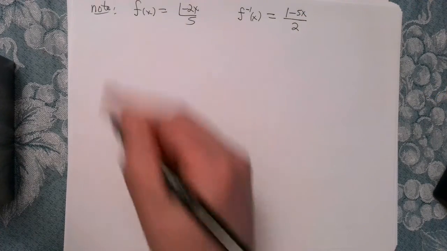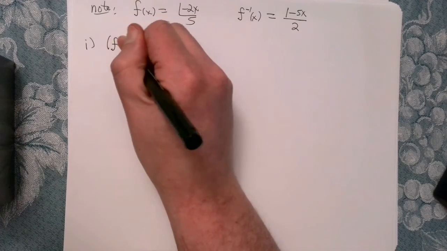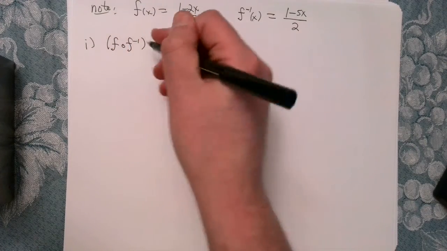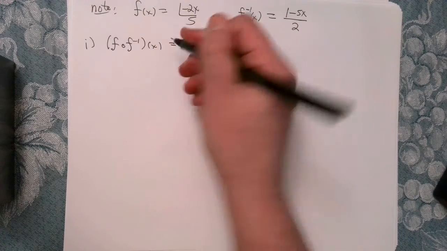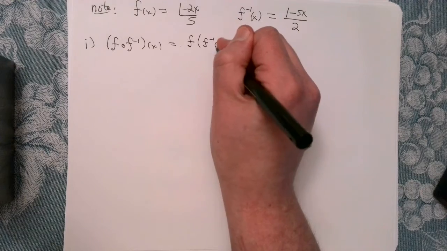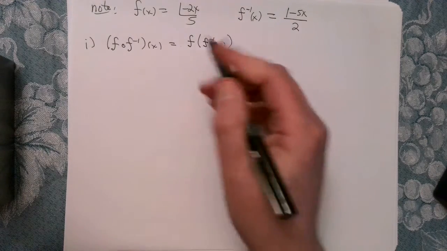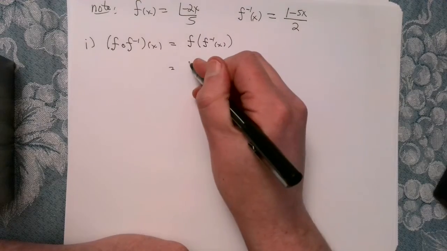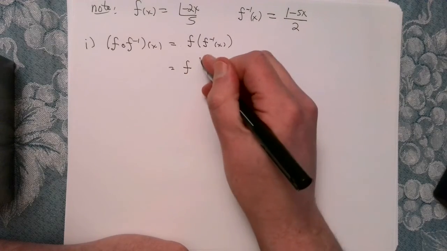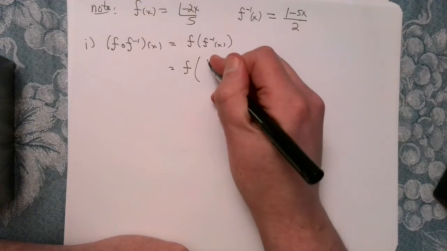Okay, so the first thing we want to compute is f after f inverse of x. How do I compute that? That's exactly f of f inverse of x. But what do I mean by this? It means that I apply the f function after I apply the f inverse function to x.